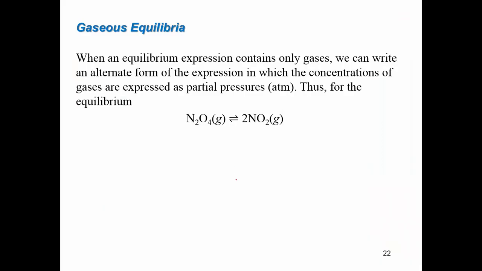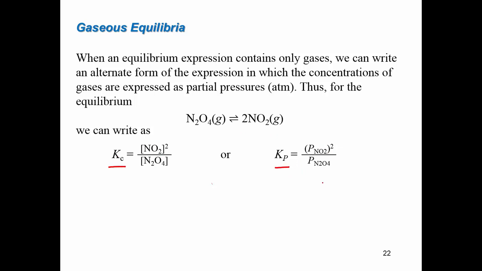When we only have gases in our equilibrium, we can write an alternate form of the expression, and that is based on the partial pressure of the gases in our system. So for example, if our concentrations look like this, then our partial pressures are built similarly. So we have Kc for concentration and Kp for pressure.